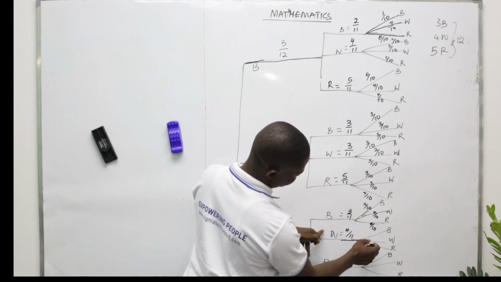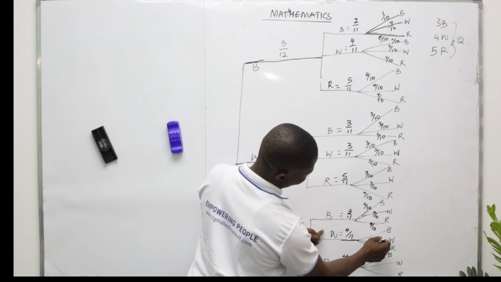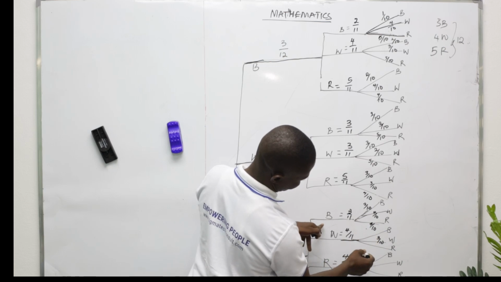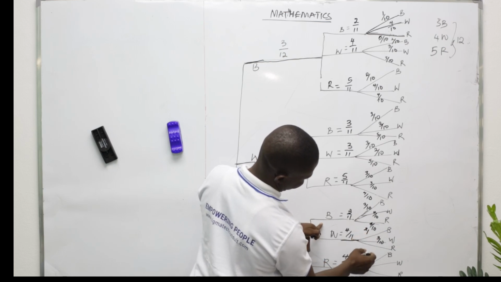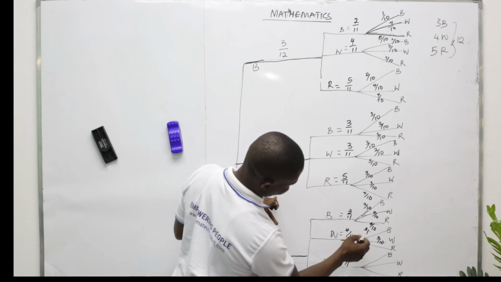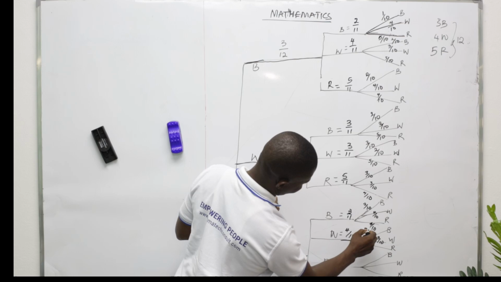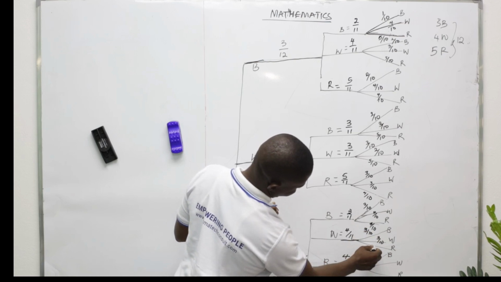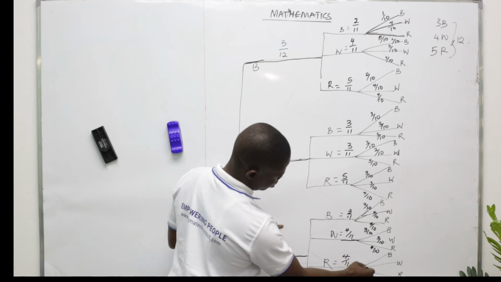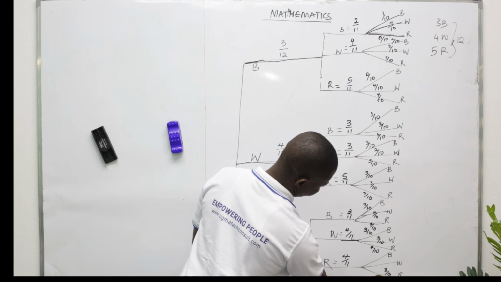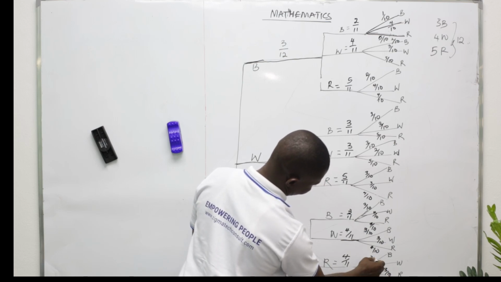Here the owner is white, so numerator and denominator affected, but for the rest, only the denominator will be affected. 3 over 10, then 4 over 10. The owner here is red, numerator and denominator affected, while the rest remain the same, only the denominator.